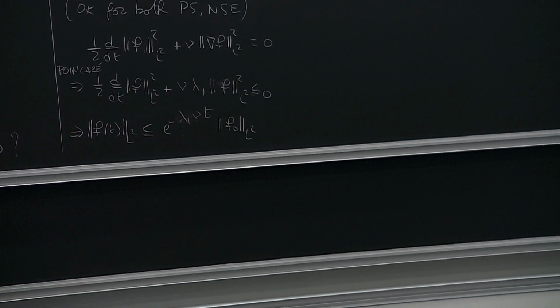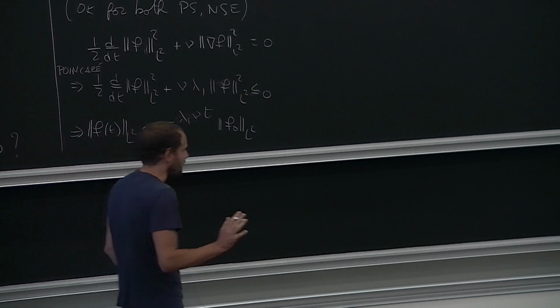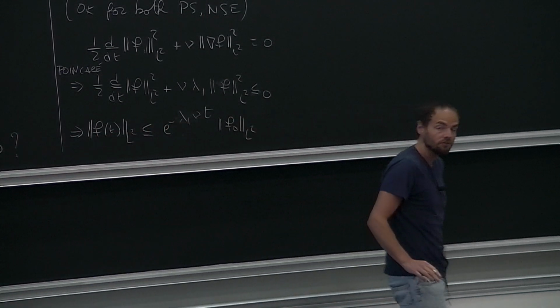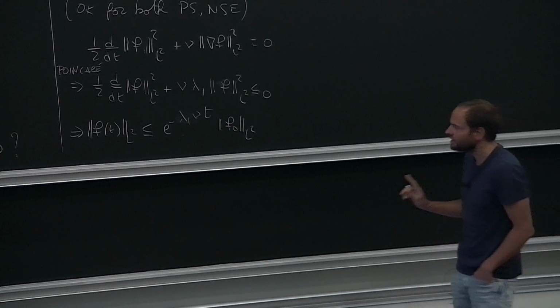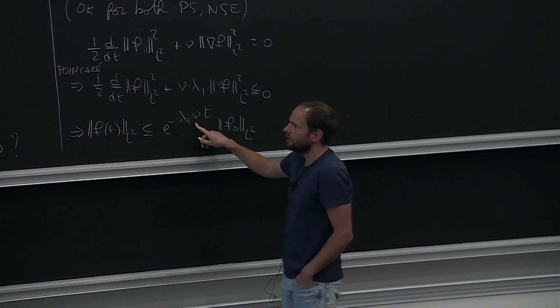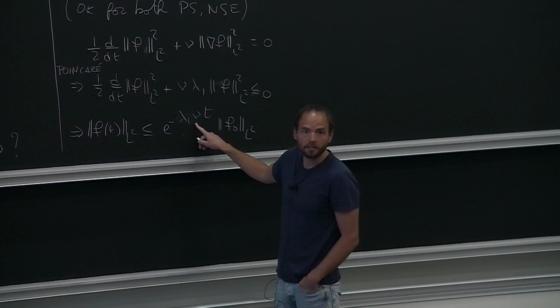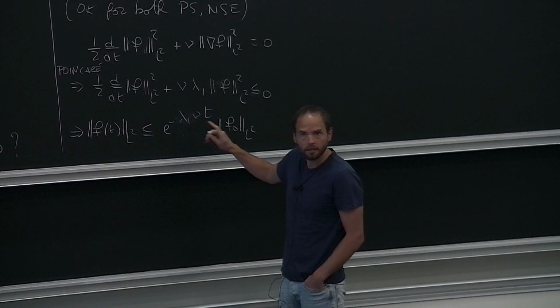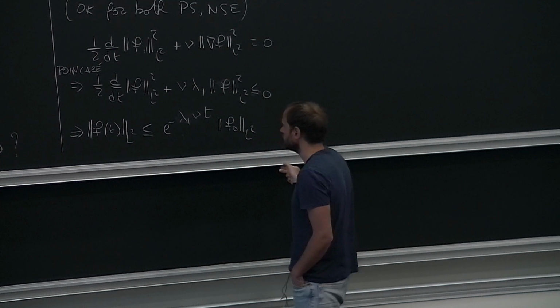Okay, so this is one answer. What happens as nu goes to infinity? Everything goes to its average. So that's what this is saying, exponentially fast with a rate proportional to nu. That's what I really want to emphasize, rather than it just goes to its average.